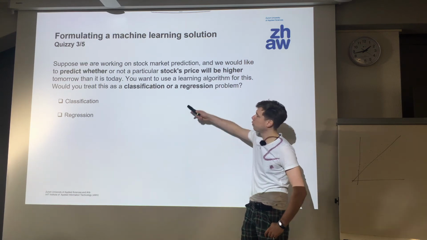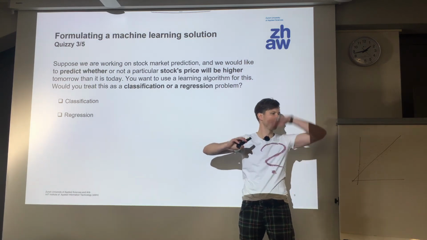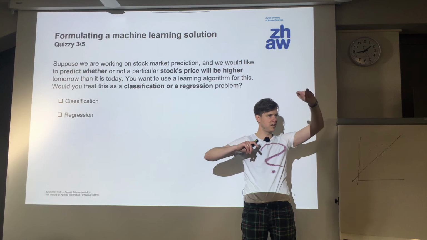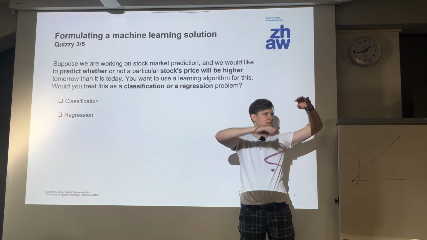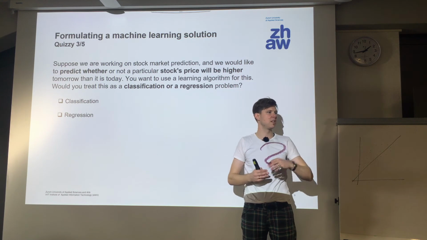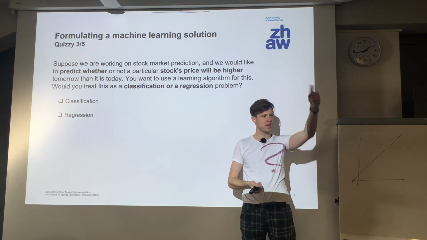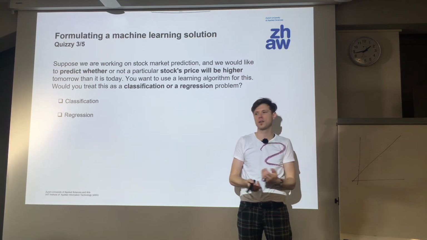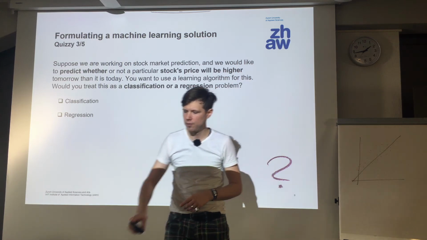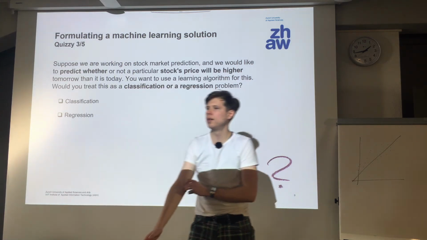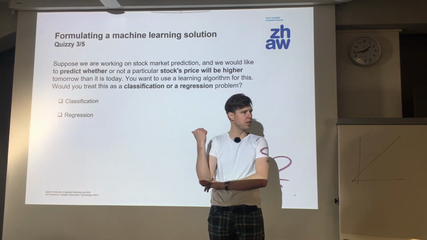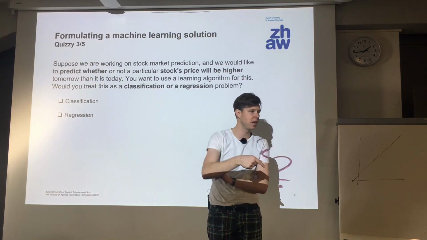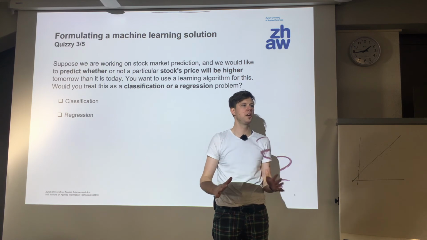Of course, you could try to predict the next day's stock market price as a number, as a scalar, and then see the difference, and from that deduce automatically if it's higher or not. But that's a much more difficult task. There's a very nice saying by Vladimir Vapnik, the guy who came up with the Vapnik-Chervonenkis dimension and who invented the SVM, so quite a figure in the field.